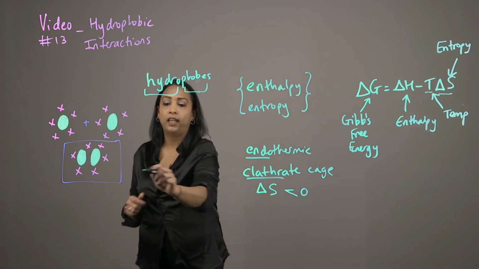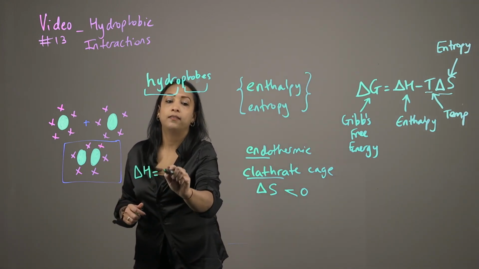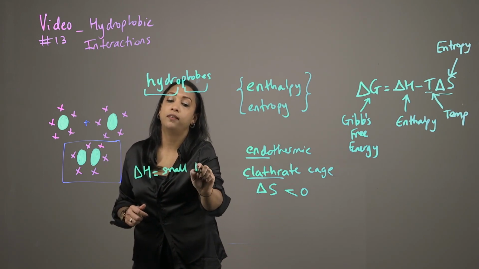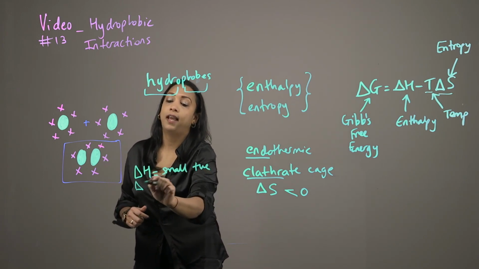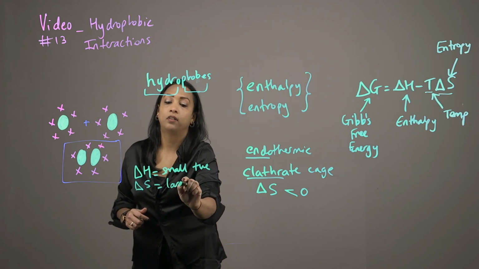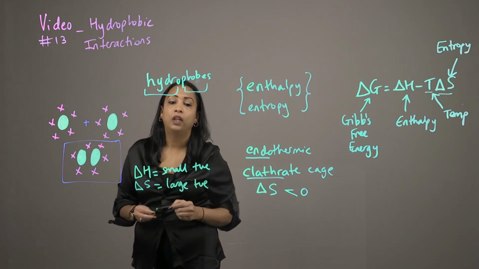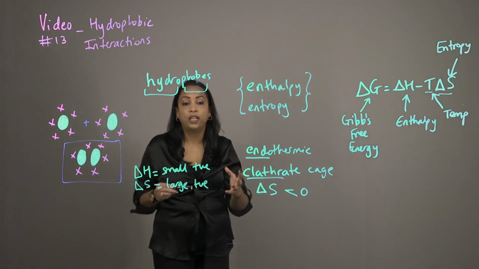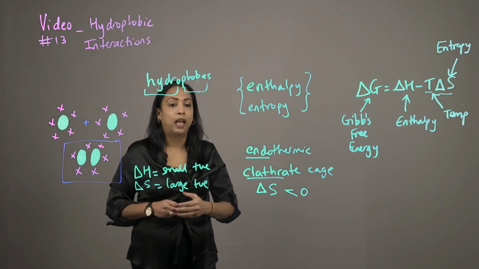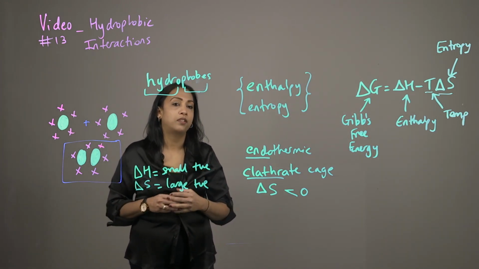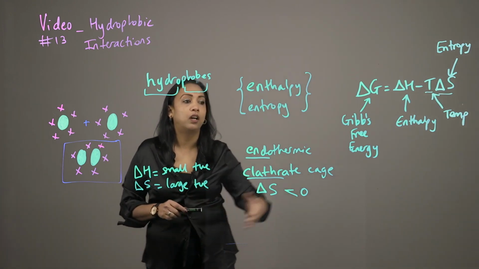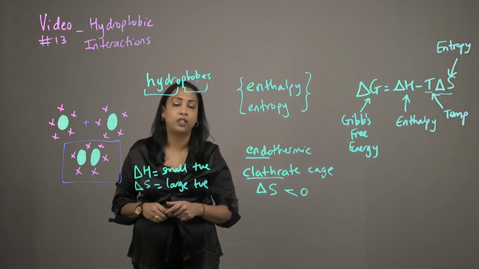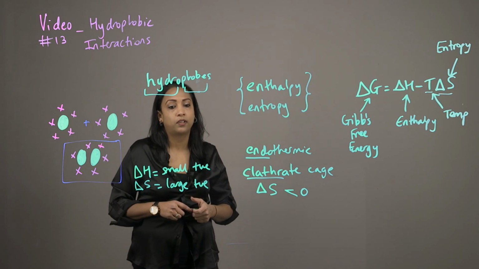So if delta H is a small positive value and delta S is a large positive value, then delta G turns out to be negative, and therefore hydrophobic interactions are spontaneous. A large negative Gibbs free energy indicates a spontaneous reaction.